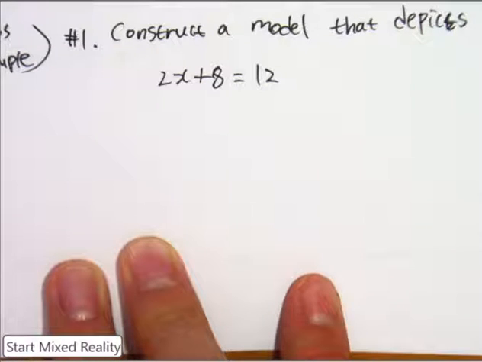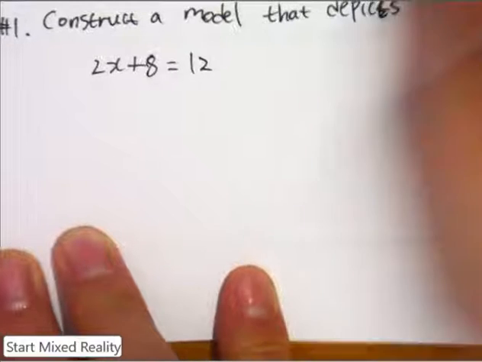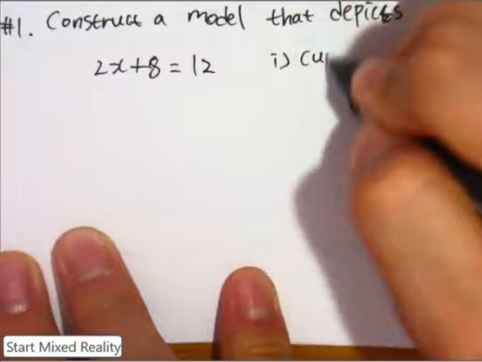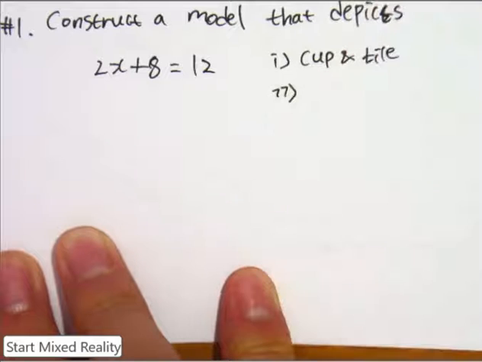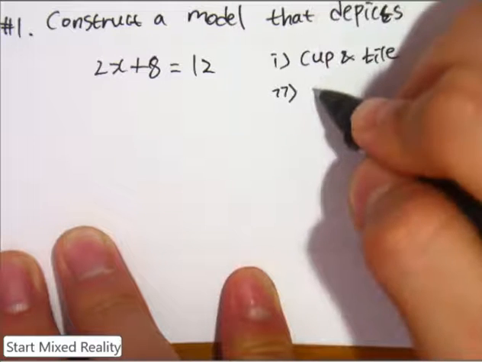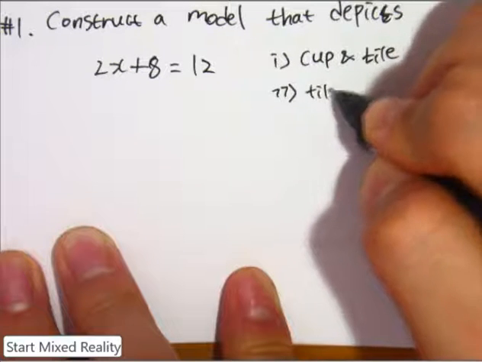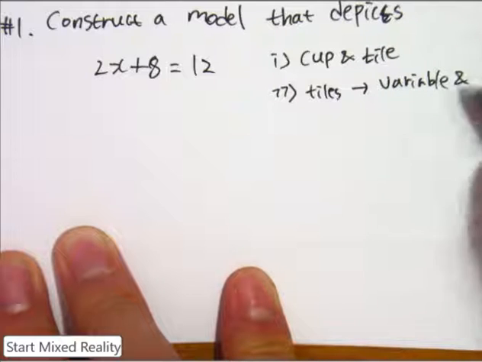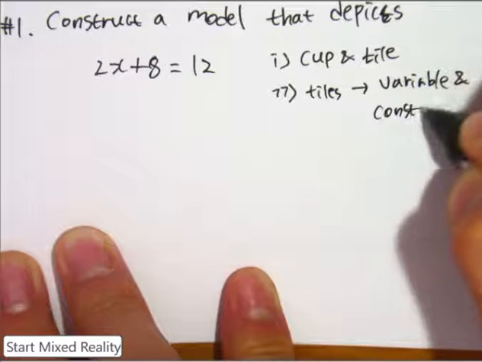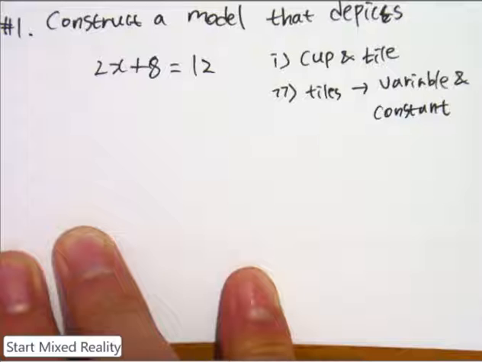First things first, we're going to use two different ways. Number one, use cups and tiles, or number two, use tiles for variables and constants, is what I want to point out.